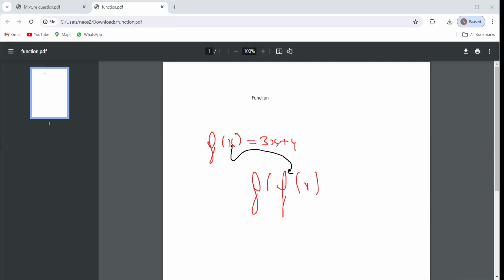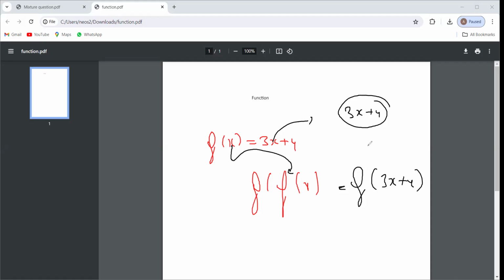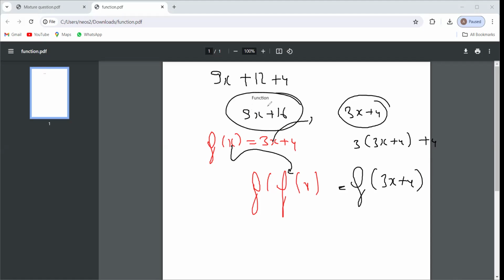What is f of x? 3x plus 4. So what exactly are they asking? f of 3x plus 4. So instead of x, what do you need to substitute? 3x plus 4. What would it be? 9x plus 12 plus 4. That will be 9x plus 16.